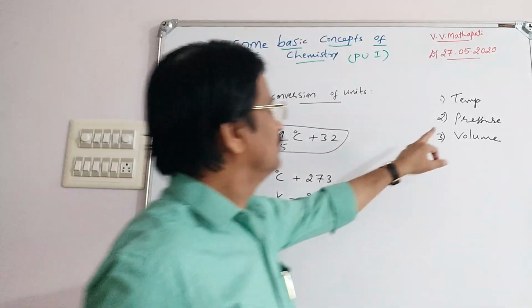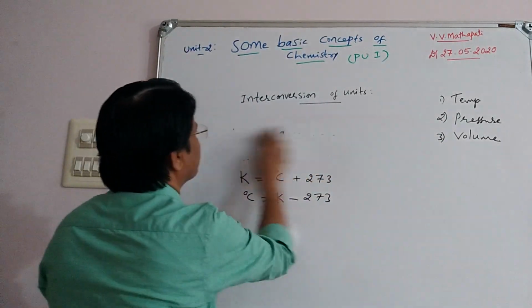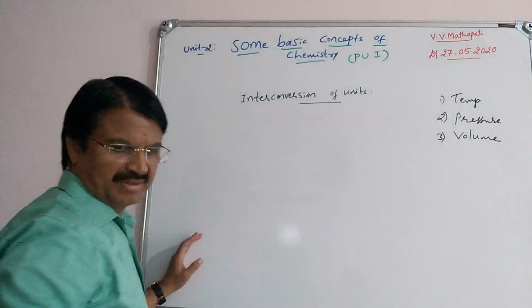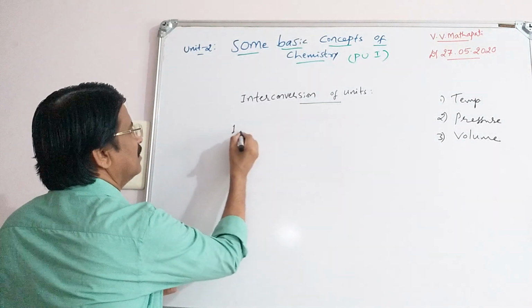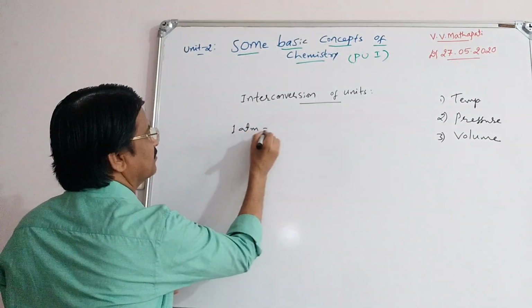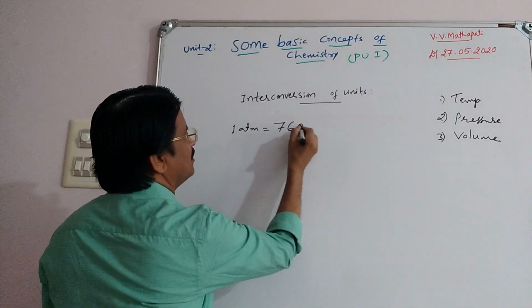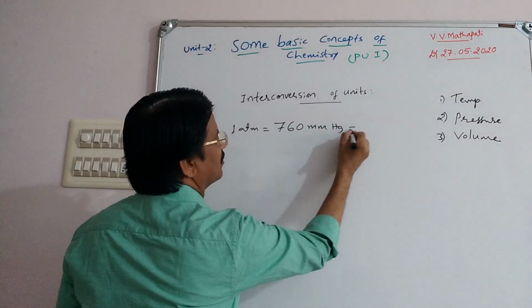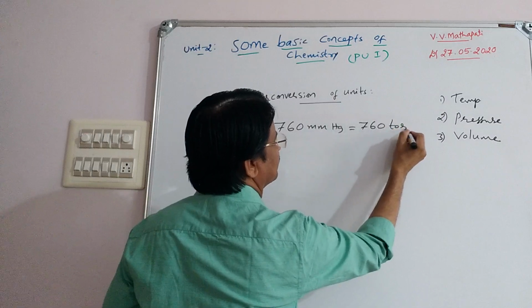Next, in terms of pressure, see how to study. 1 atmospheric pressure equals 760 mm of mercury or 760 torr.